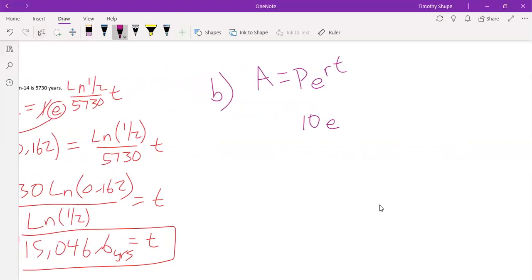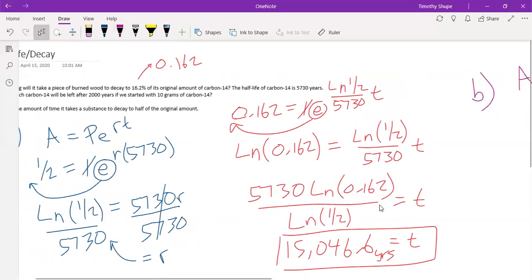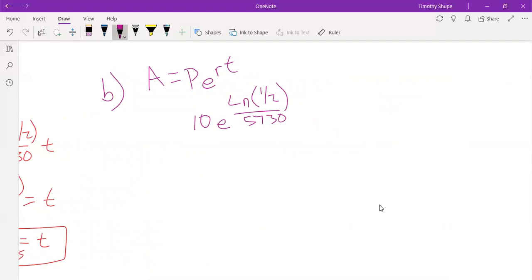E is the same E that we've been using for the exponential. And I'm going to use the same rate that we did before because that's going to remain consistent no matter how much time we're going. So natural log 1/2 over this 5730, and we wanted to know how much is left after 2,000 years. So now we know the time, so I can multiply the exponent by 2,000, and then set that equal to our final amount.